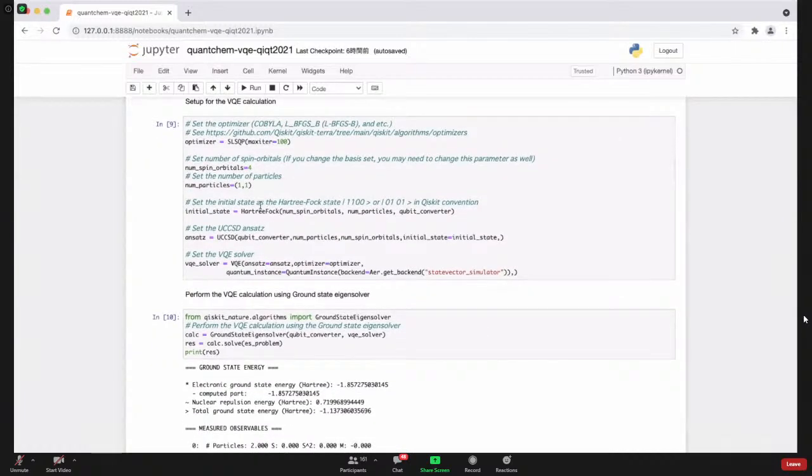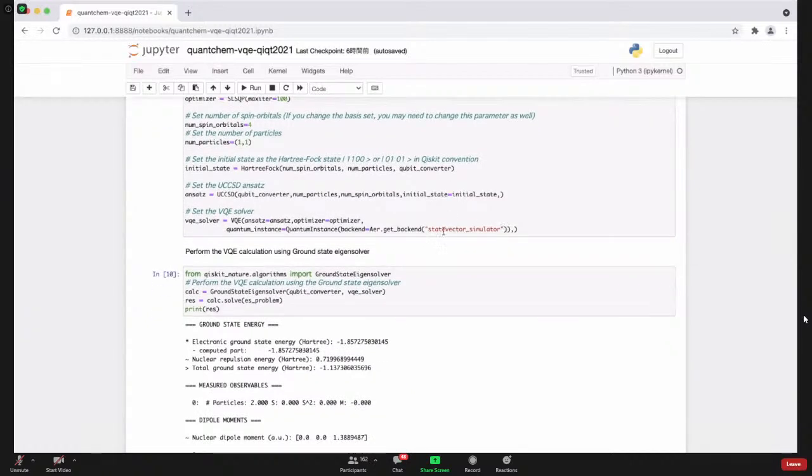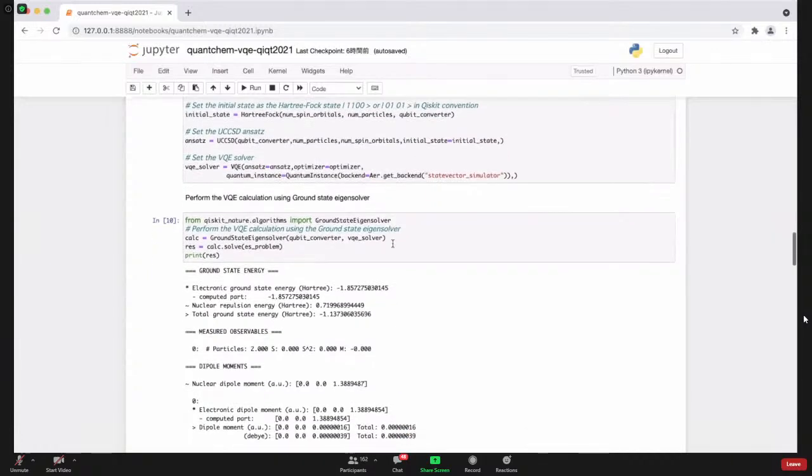And now we have the initial state and ansatz, so we tuck them in as parameters for the VQE solver like this. And here we use a state vector simulator as a backend. And now we could use this solver and solve the ground state and get the energies.